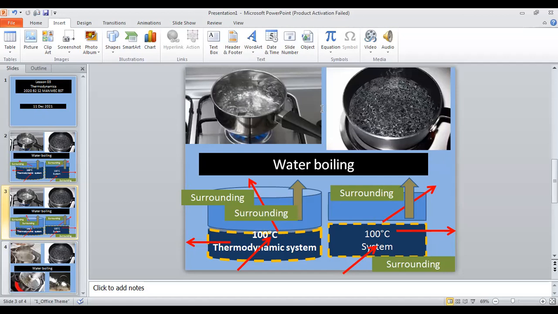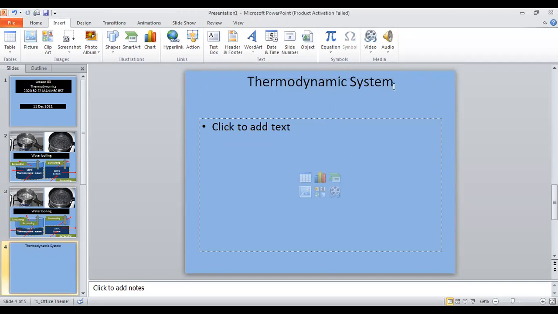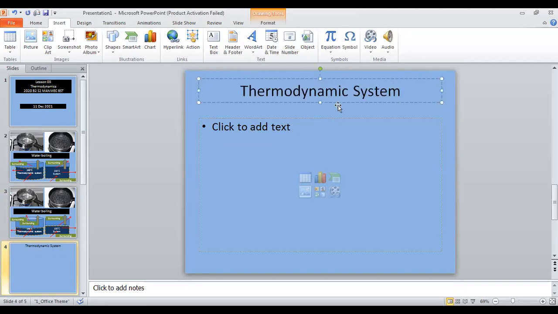So, observations of the thermodynamic system. You should know that.